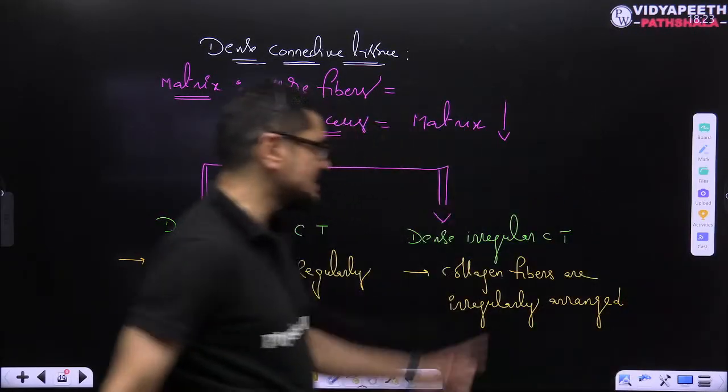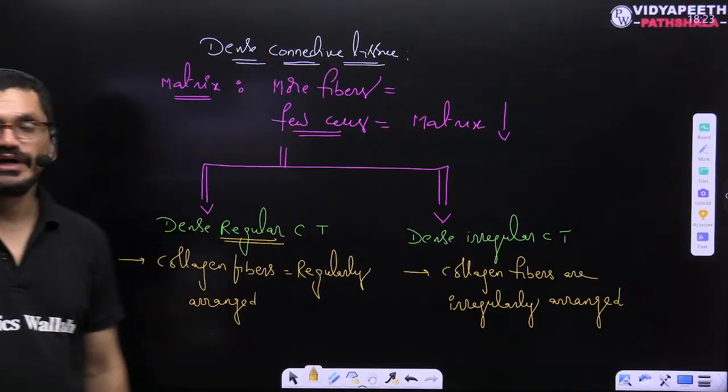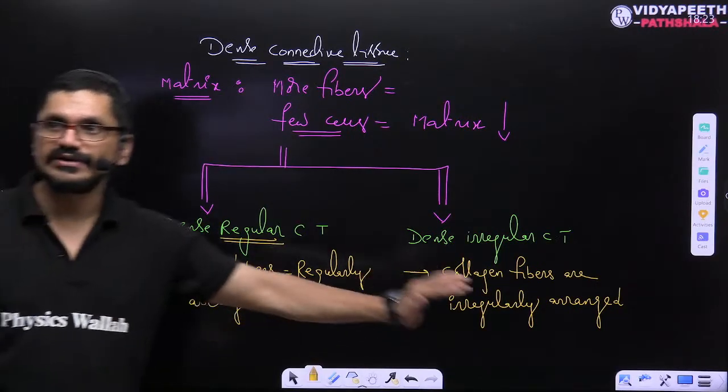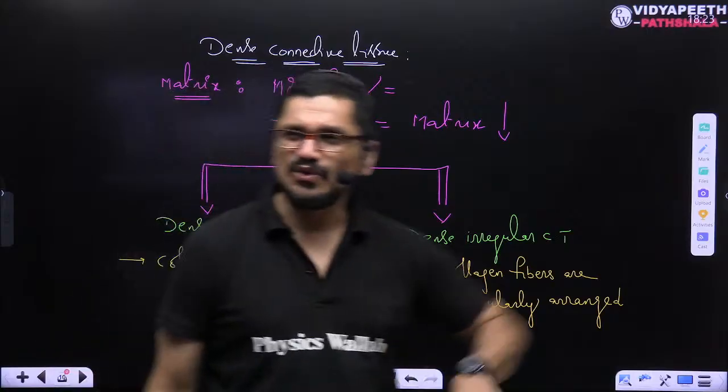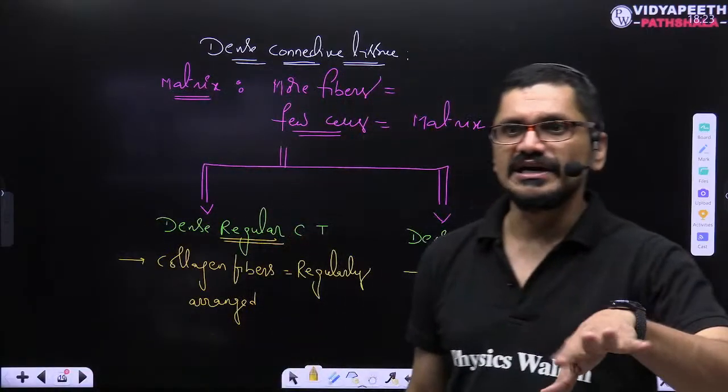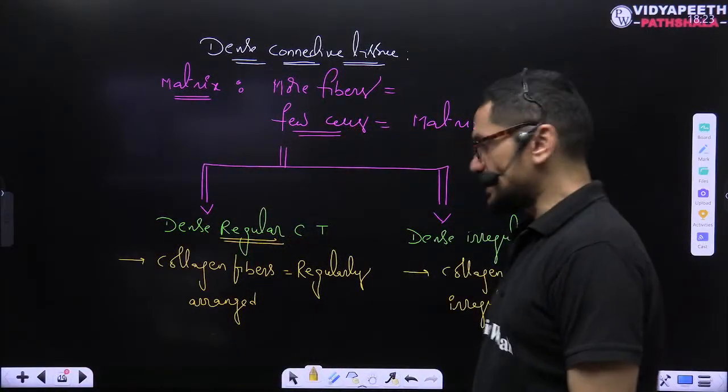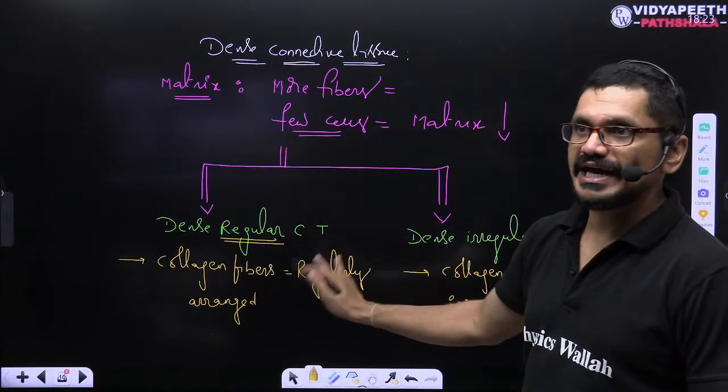That is the reason why this is called irregular connective tissue. Here regularly arranged, here irregularly arranged. You may ask me, sir, what do you mean by regular arrangement? What do you mean by irregular arrangement? I will show you. I will come to this slide again, my dear friends.